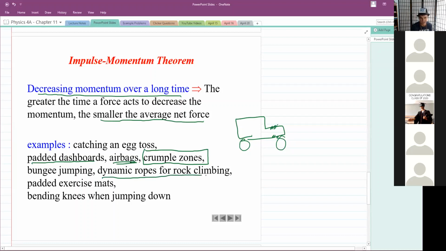One, dynamic ropes for rock climbing. I'm big into rock climbing. The ropes that they use are phenomenally designed in terms of engineering. They're meant to stretch. And interesting thing, if a rope didn't have any stretch to it, just falling maybe 2 or 3 or 5 feet could be fatal, because if there's no stretch to the rope and you're falling and the rope stops you, it's going to bring you to rest in an unbelievably short amount of time.